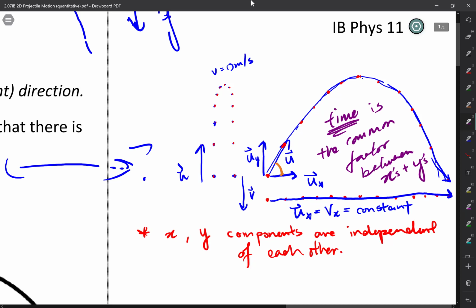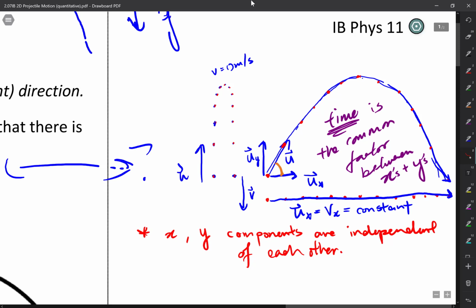Meaning if I know the time that it took the object to go horizontally, I can find the same time that the object took to go up vertically. And that is where my object will be in its 2D parabola.